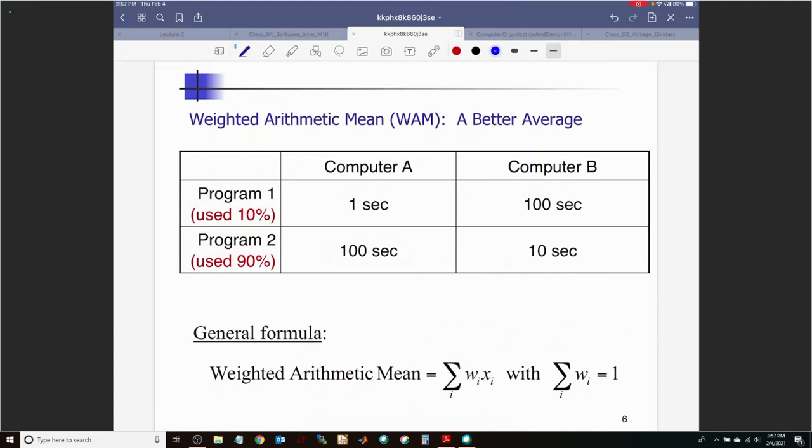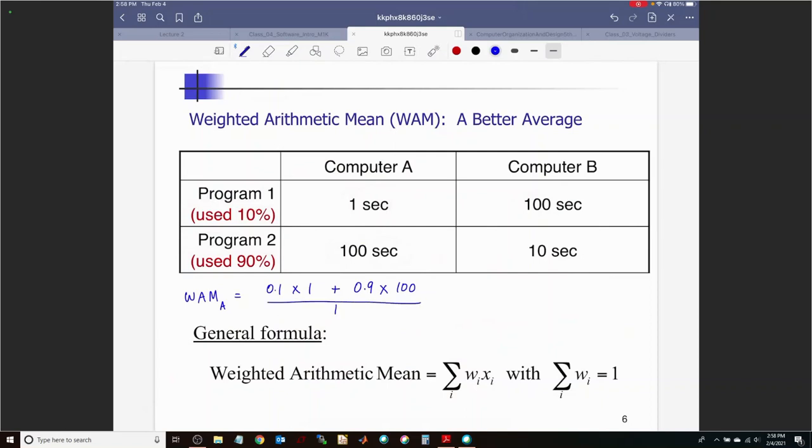How is the weighted thing going to work? I'm going to find the weighted arithmetic mean for A and B. For A, 10% of the time I am running for 1 second, and 90% of the time I'm running for 100 seconds, divided by 10% plus 90%.